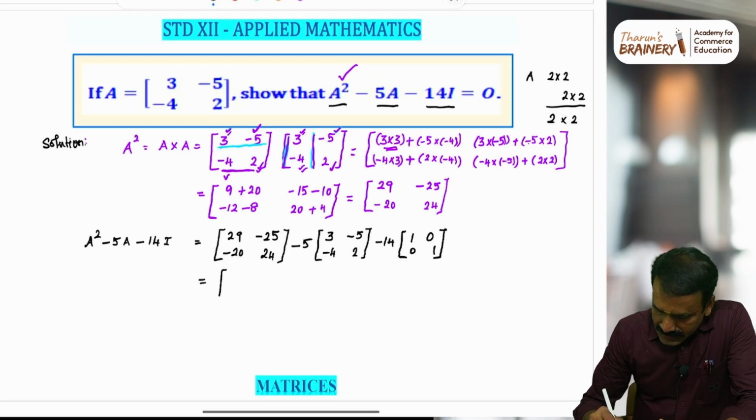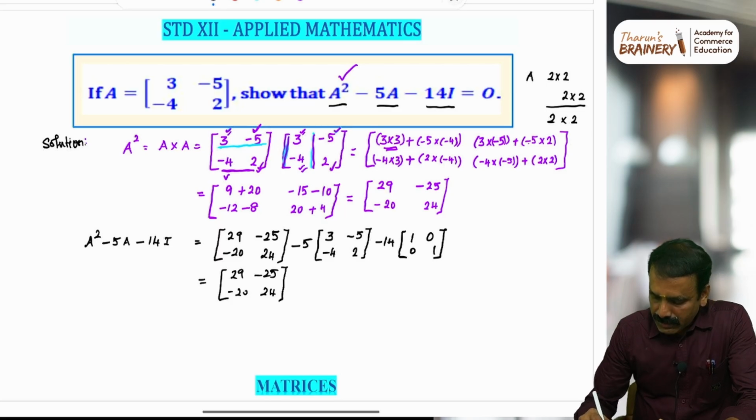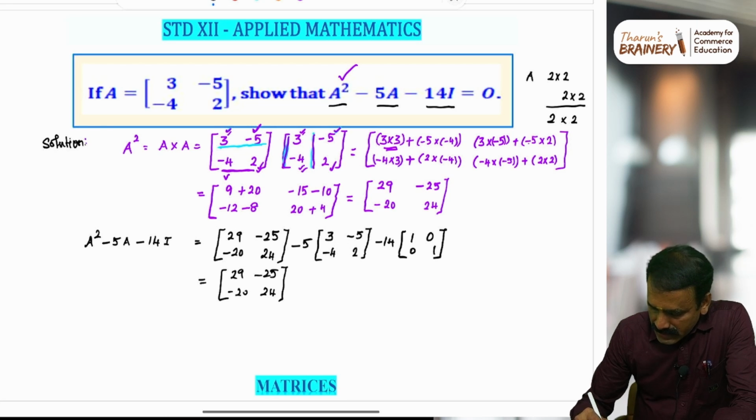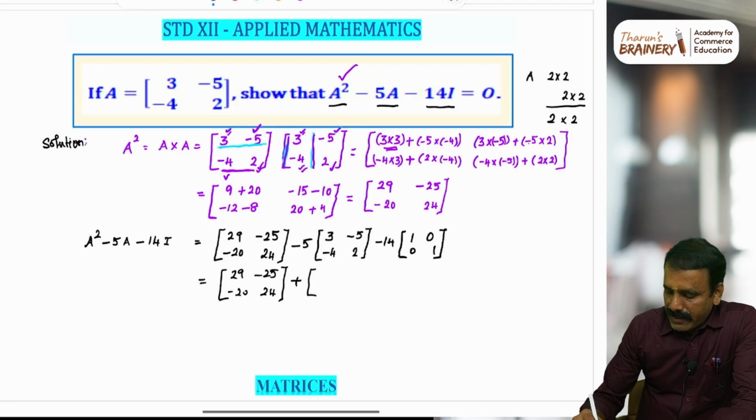Now you keep the first matrix as such: 29 minus 25, minus 20 plus 24. I start multiplying this minus 5 inside and minus 14 inside in a single step. So I multiply minus 5 inside, so this minus changes to plus. I convert this one to negative matrix.